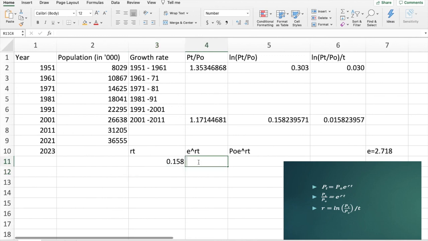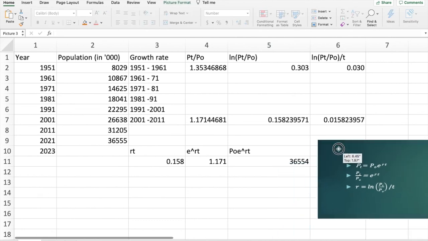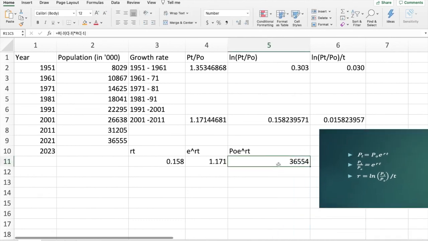What is the value of e? 2.718 to the power this value. Then P naught is the population of 2011, multiplied by this value. So our population will be almost 36554. This is the population of 2021 calculated using the exponential growth rate formula.